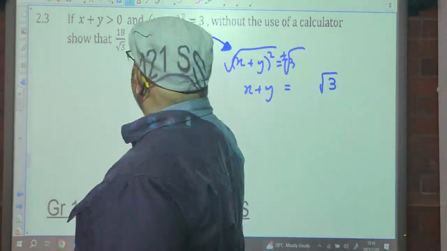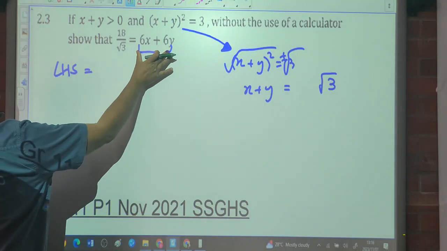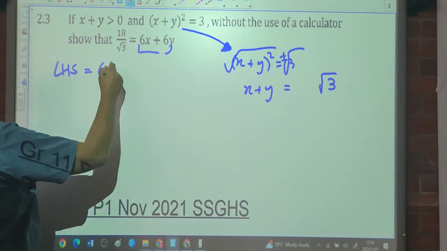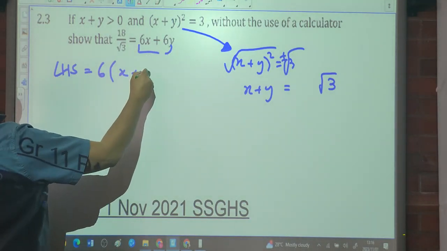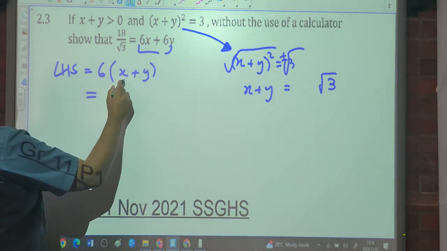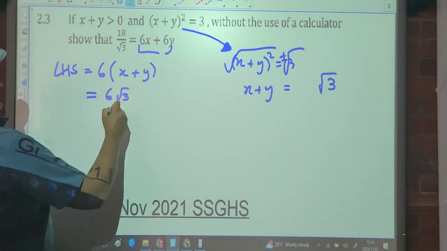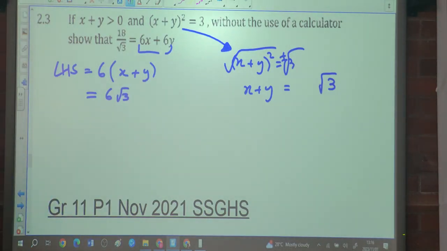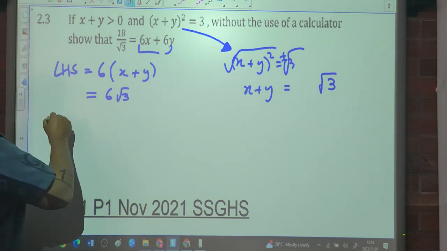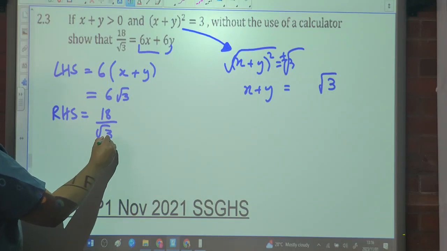So what I do is I take this left hand side. What can happen here? Common factor of 6. What am I then left with? x plus y. So what is x plus y? Root 3. So it's 6 root 3. But is that the same as the right hand side? Not yet. Look at the right hand side. I've got 18 over root 3.